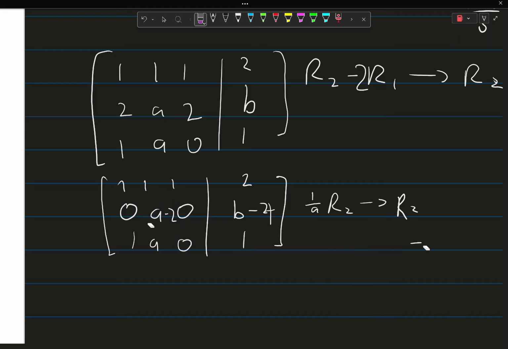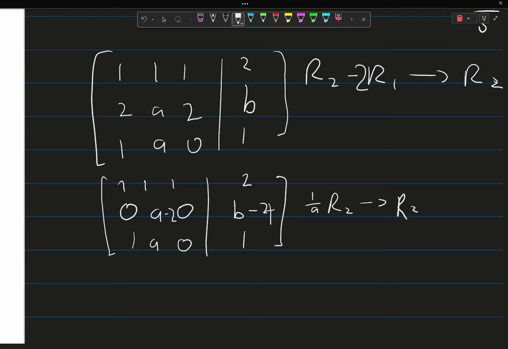So first let's just subtract. We need to find a way to make this turn into 0, so a turn into 0 purely from a minus 2. Or we can just have a subtract a minus 2, which will give us 2. As long as we get rid of the a's, we can use any other rows to do that.